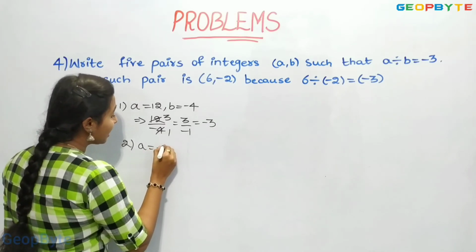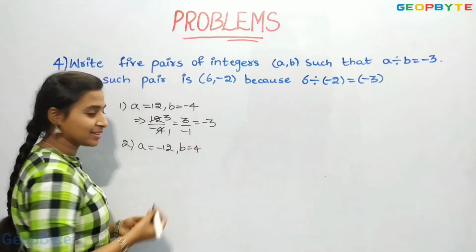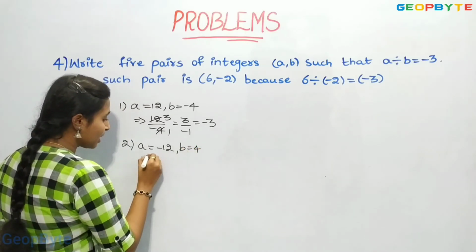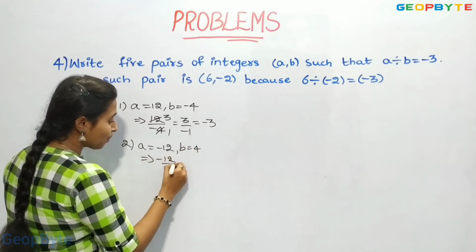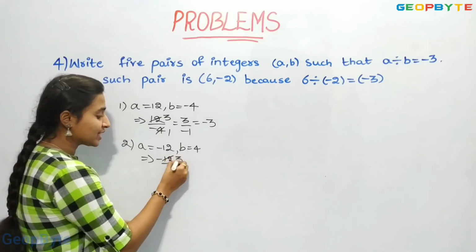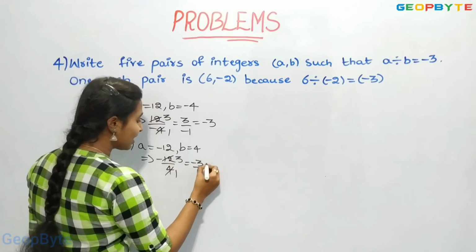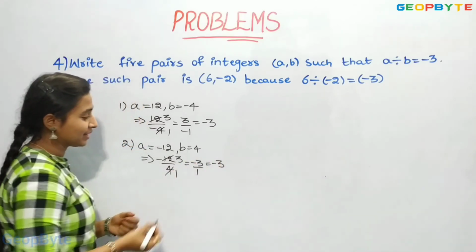That is a is equal to minus 12 and b is equal to 4. Now, minus 12 by 4. 4 ones are 4. 4 threes are 12. That is minus 3 by 1 is equal to minus 3.